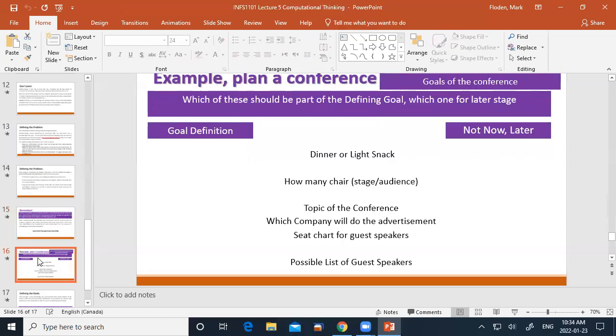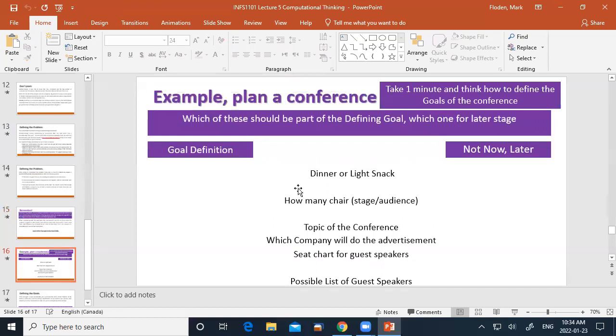So you're going to go to a conference, and you want to know what we are going to have. Take one minute to think about how to define the goals of a conference. This would be you planning the goals of the conference.